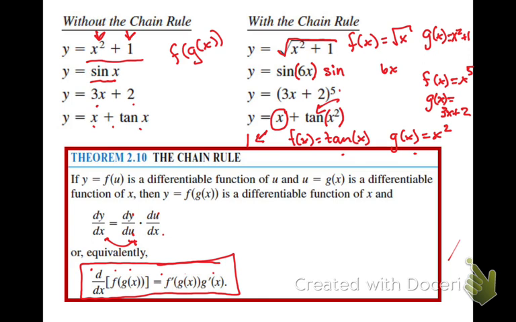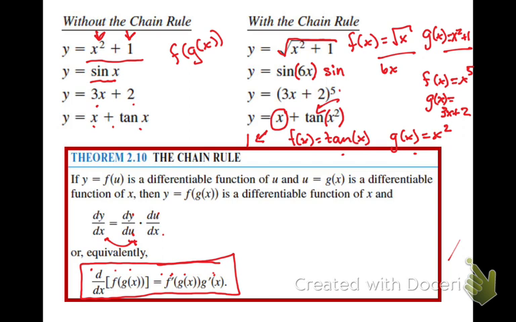So up at the top, when I found f and I found g, that's why this is important. It's the derivative of the outside times the derivative of the inside. Derivative of the outside with the regular g in it times the derivative of the inside.